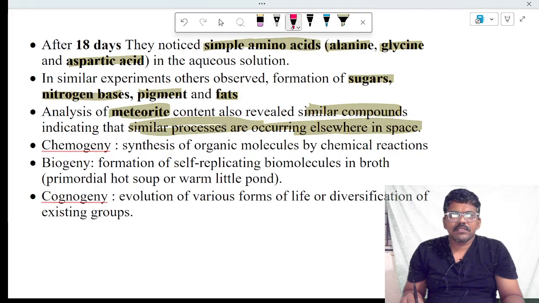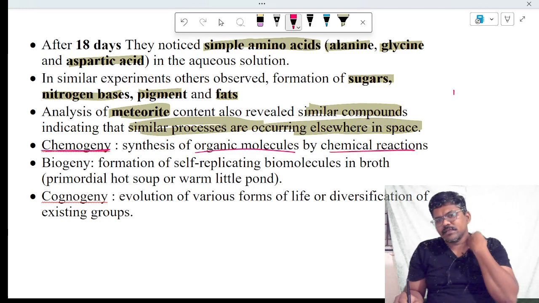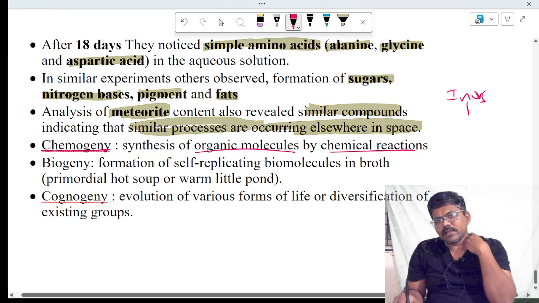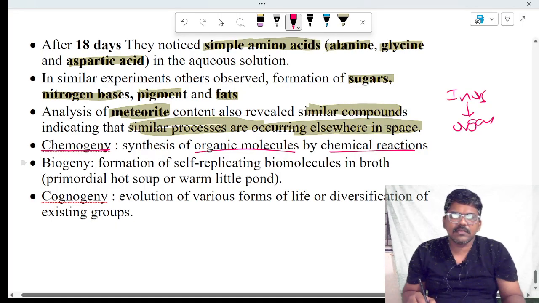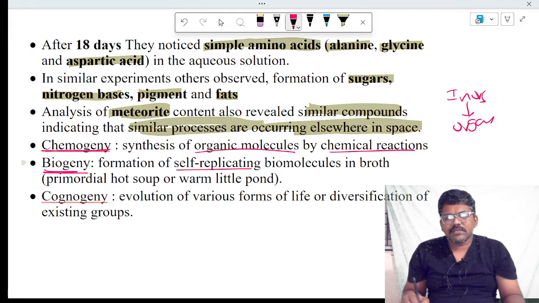Here you have to see the meanings of a few words. Chemogeny is the synthesis of organic molecules by chemical interactions, where inorganic molecules are converted into organic molecules. Then biogeny is the formation of self-replicating biomolecules in broth.